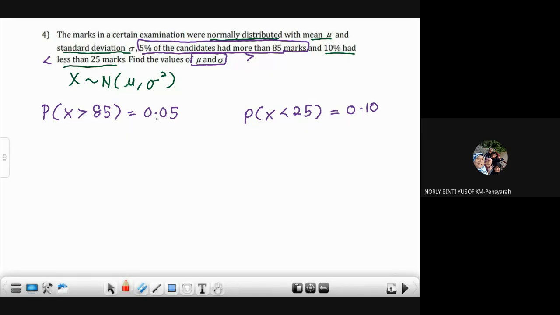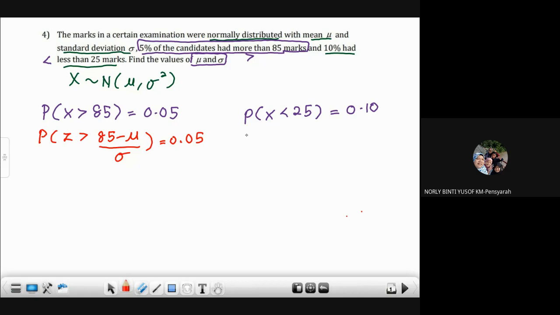Okay, tapi sebelum you nak baca kat table, so discrete kena standardize. So X becomes Z. So standardize the discrete: 85 minus mean divided by the standard deviation equals to 0.05.